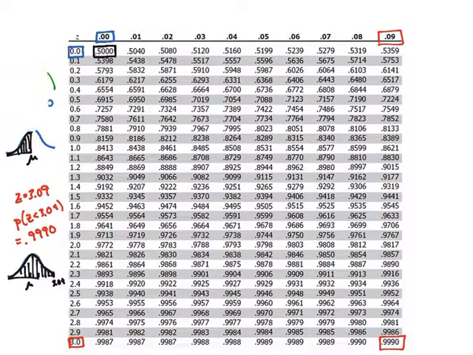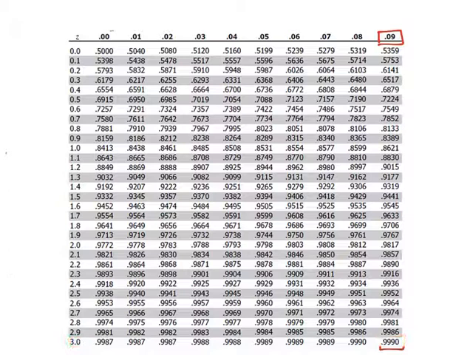I'm going to erase this information so we can start afresh. All right, so z equals 1.25. First, we look at the left side of the column here, and we find our 1.2. Then we find our next digit, which is the 5. So this is 1.25. And we find the value associated with that is 0.8944.